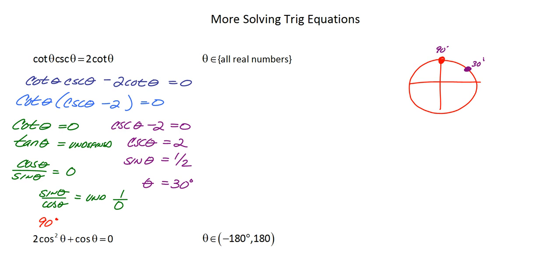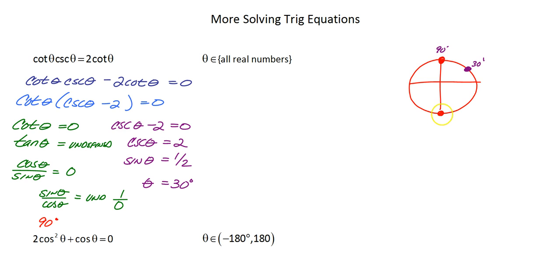So now we have to go back and look at our set of numbers we are allowed to use, and it's for all real numbers. So you need to think about other locations where the cotangent is equal to 0. Cotangent is 0 when sine, like we said, is 1.